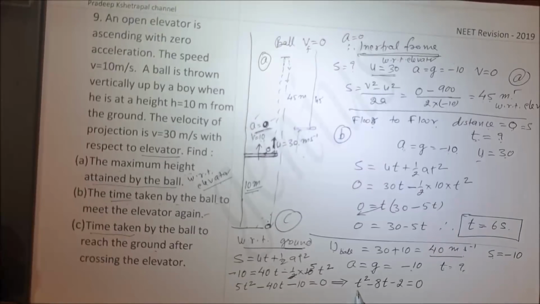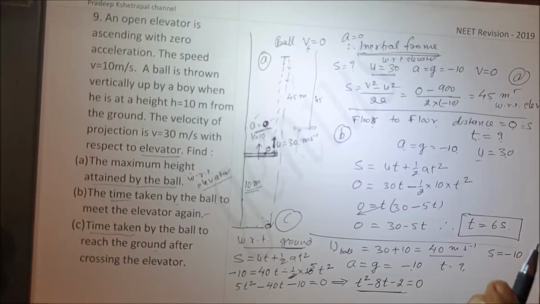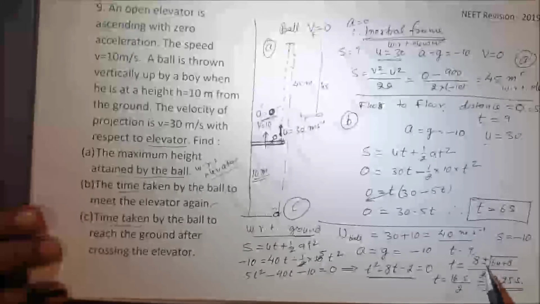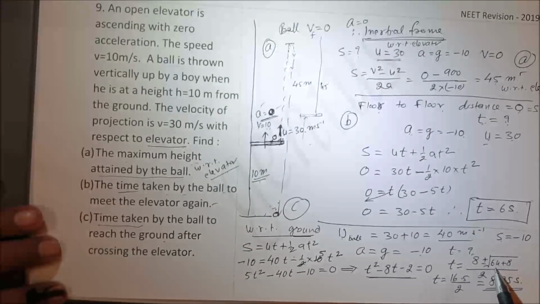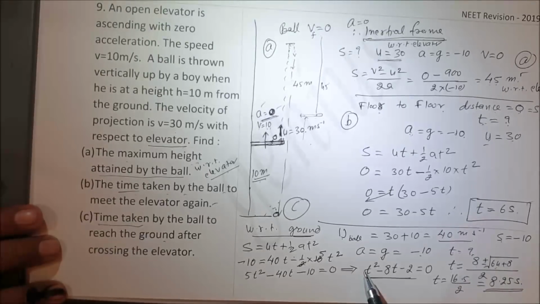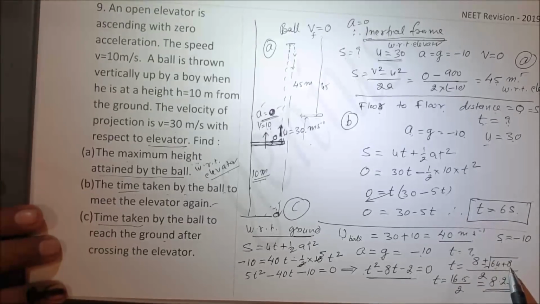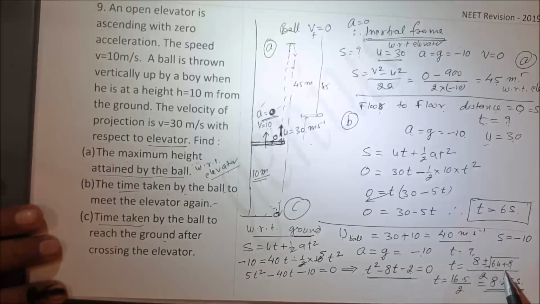And now you can find the two roots of t with the relation. The root t is equal to minus b plus minus root of b square, that is 8 square, minus 4ac, 4 into 1 into 2, that is 8, and minus into minus becomes plus.